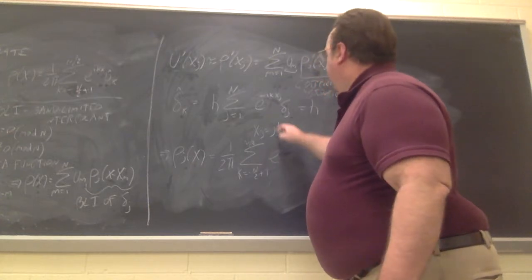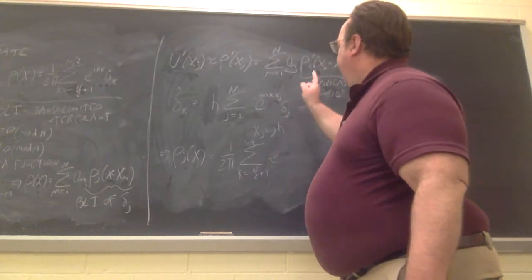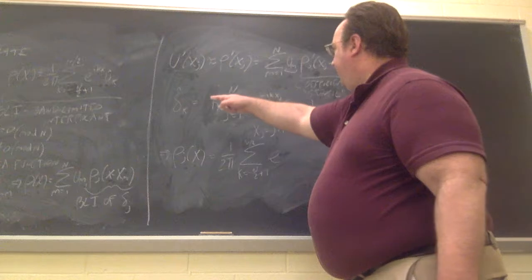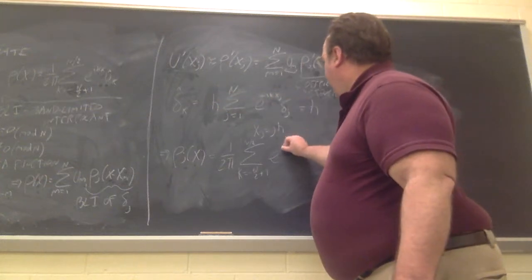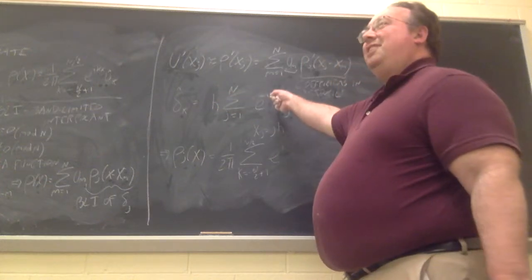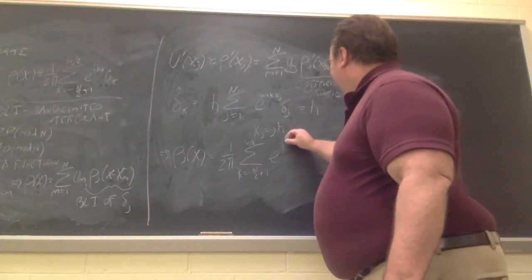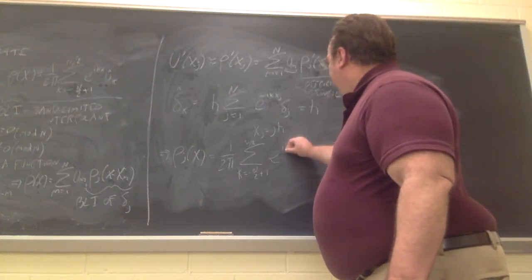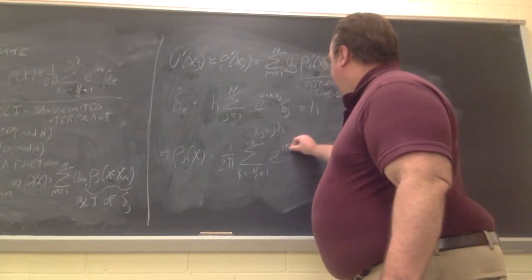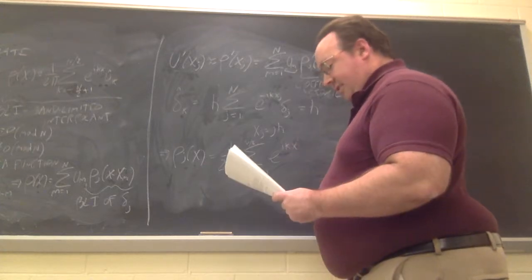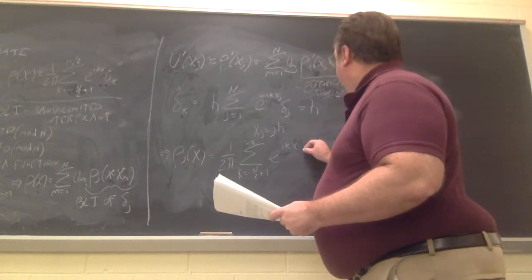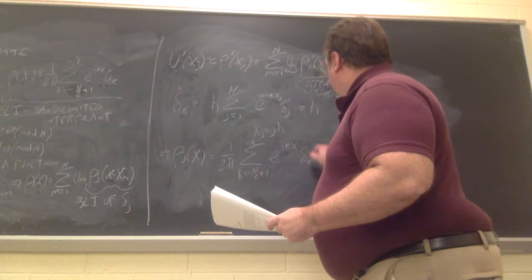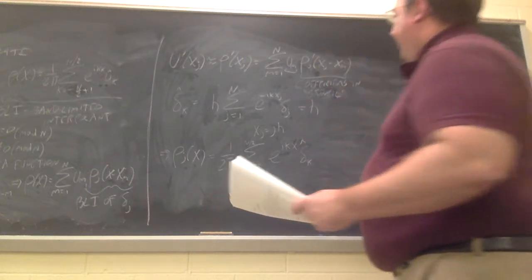From function of x to Fourier series, it's a minus. Here it's not a minus. That's the only thing I wrote correctly in the whole thing. Dang it. E to the ikx times delta k hat.